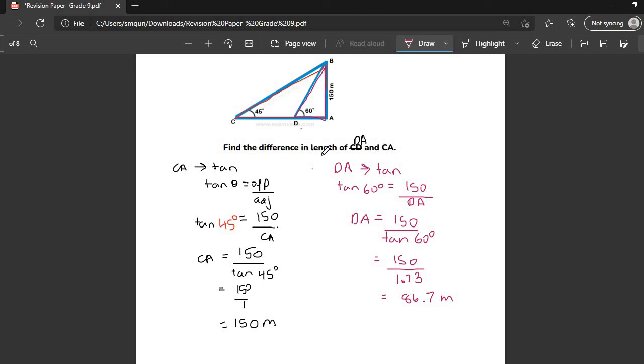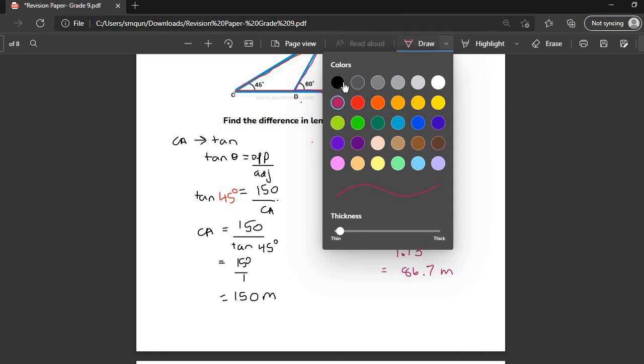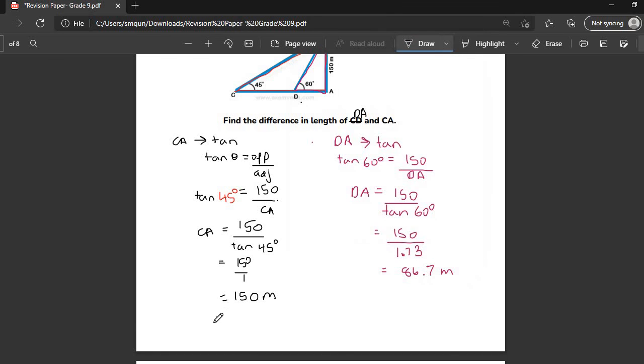But we're still not finished. It asks us to find the difference in length between DA, there should have been DA, and CA. So I'm going to subtract. CA we said was 150 meters, minus DA.